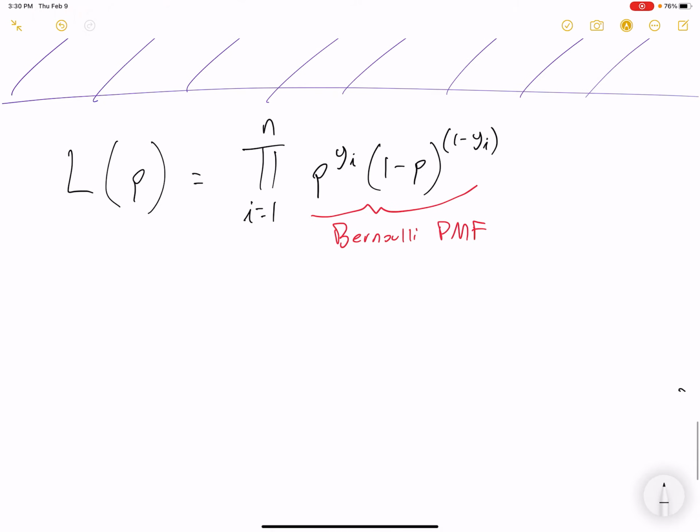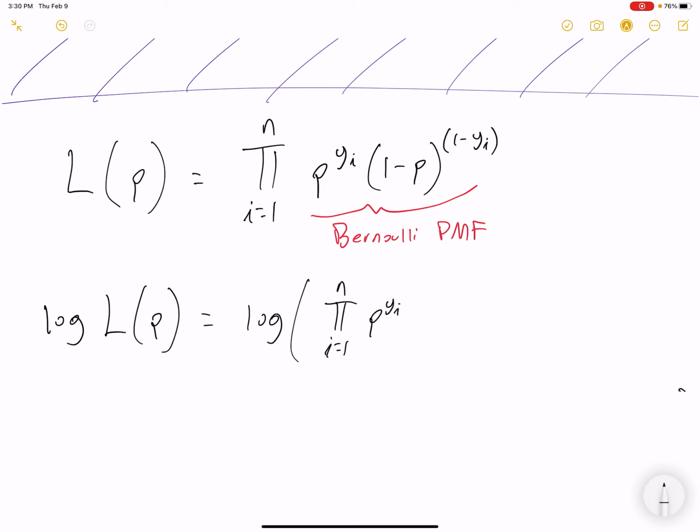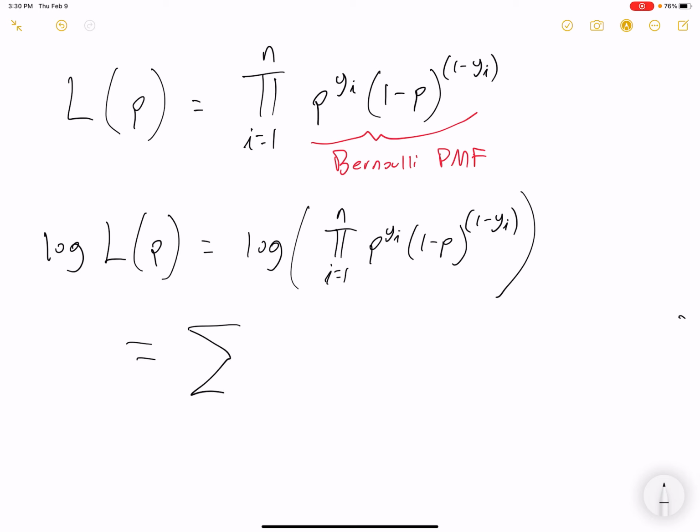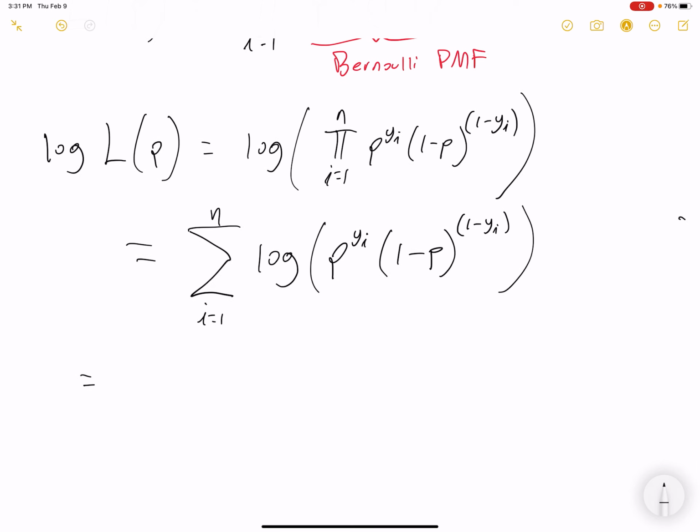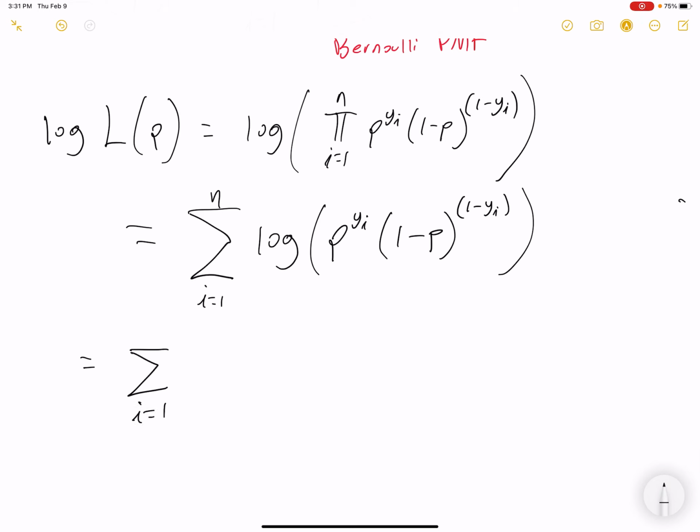Again we can take the log of that likelihood, and that's going to be equal to the summation of the same equation, which, using algebra again and last time, is equal to this.